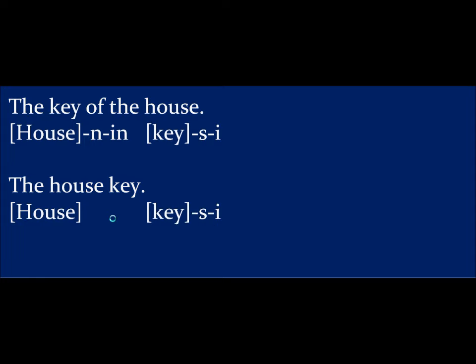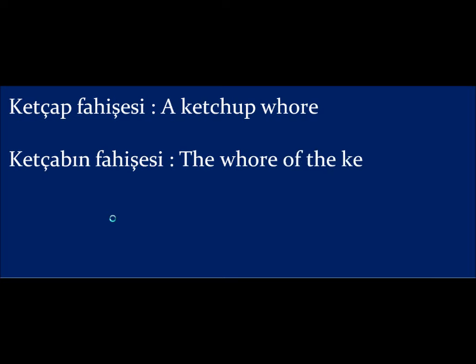So to your question, ketçap fahişesi probably means ketchup pour. And then if I added ketchup'ın, which actually would be ketchup'ın because of the consonant harmony, fahişesi, it would be the whore of the ketchup.